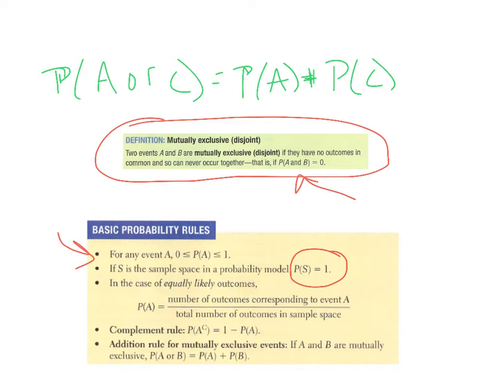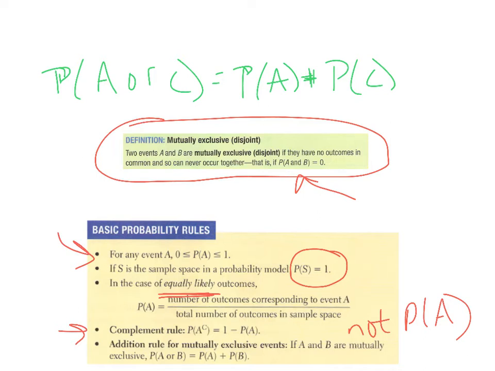If my outcomes are equally likely, I can just count how many times I see event A and put that over my total. Okay, remember our complement rule. If I'm looking for not event A, that's my complement rule, and that's 1 minus the probability of A.